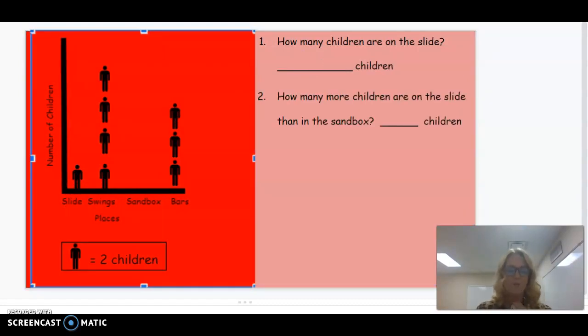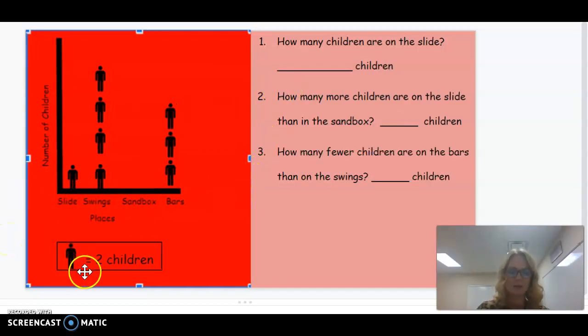Okay, how many more children are on the slide than in the sandbox? Well, we can see here that there are no children in the sandbox. So we could say that there are 2. There are 2 more because we're looking at the slide compared to the sandbox.